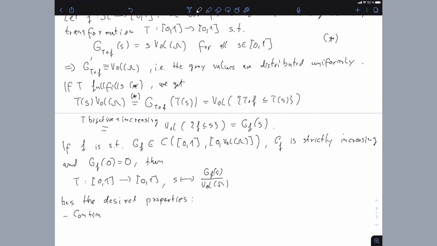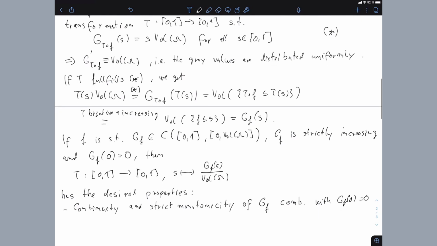So the continuity and strict monotonicity of this GF combined with GF of 0 equals 0 give us the invertibility of GF on its image.